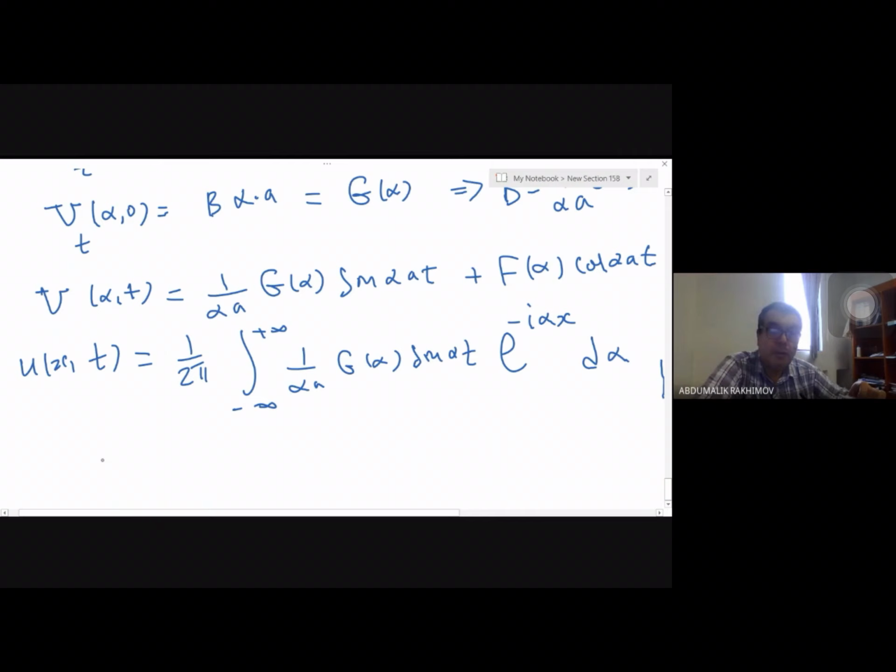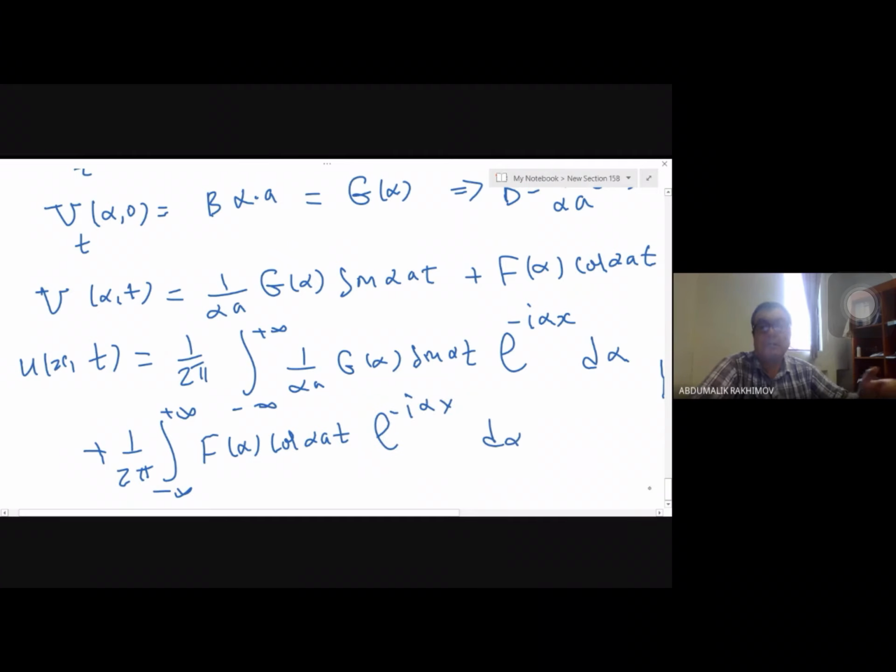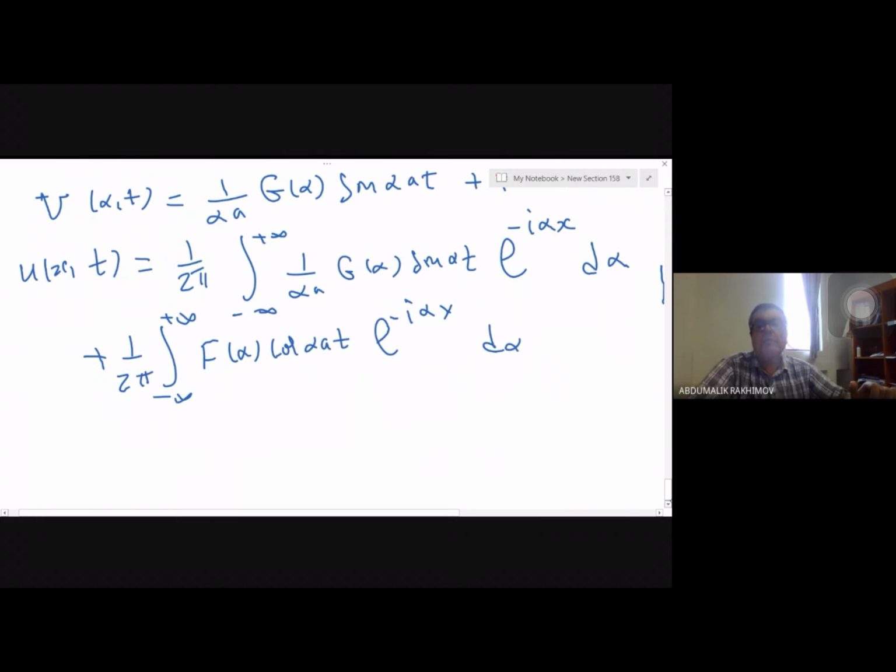Then plus 1 over 2 pi, now the A coefficient is F alpha cosine alpha AT, exponential minus i alpha x d alpha. So this is the solution. So you give me your functions F and G, then we can evaluate this integral using the given F and G. Okay?